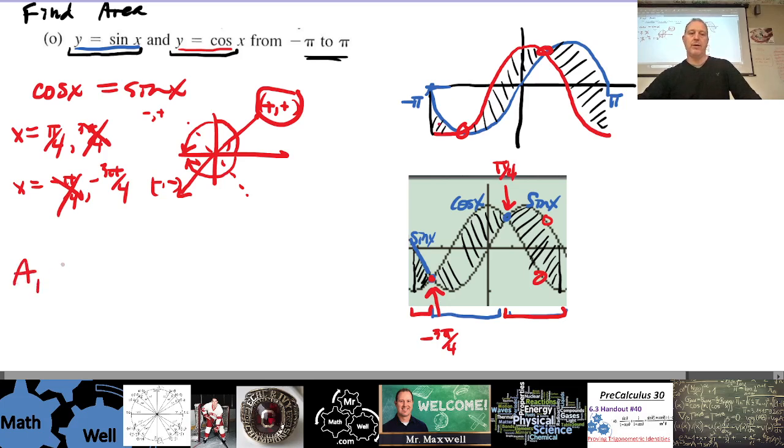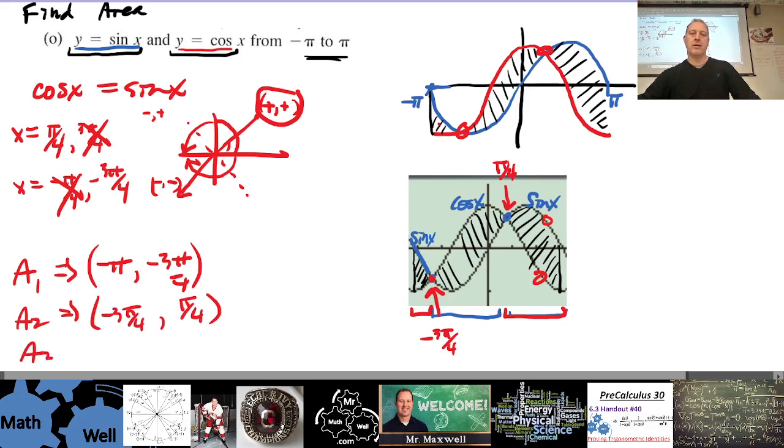So area 1 is from negative pi, right, to negative 3 pi over 4. And then area 2 is from negative 3 pi over 4 to positive pi over 4. And area 3 is from pi over 4 to pi.